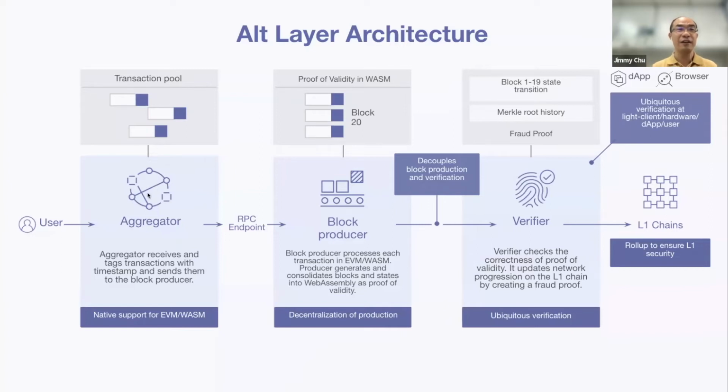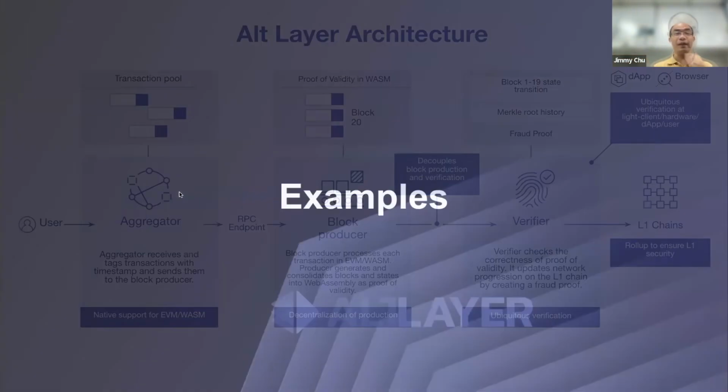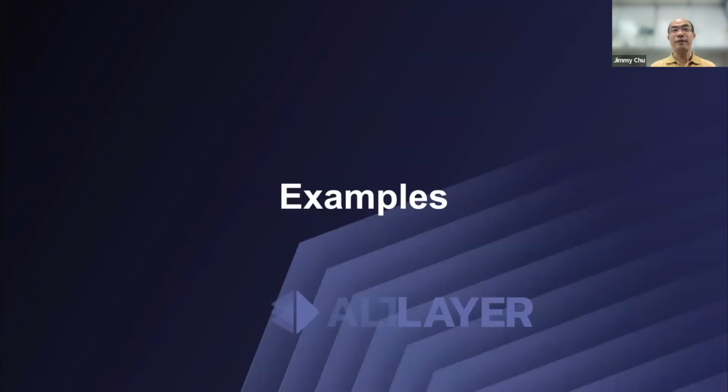So that's the power of the aggregator: what they can do is determine a sequence, and what they cannot do is manipulate or tamper with the data within the transaction from the users. All right, so I'll go through some examples of what we have been running on ALtLayer.